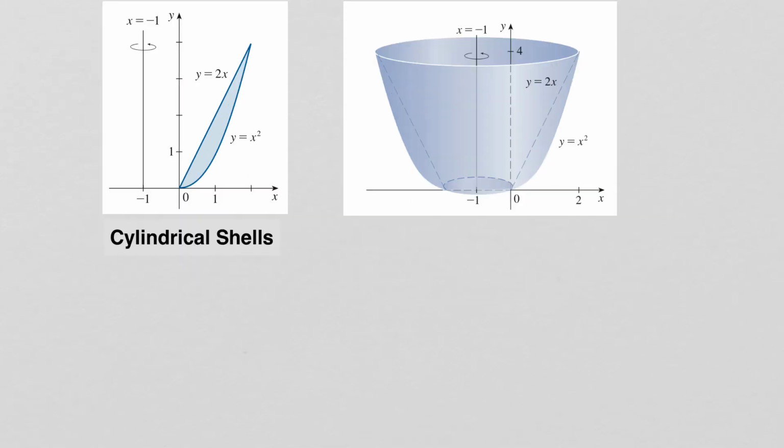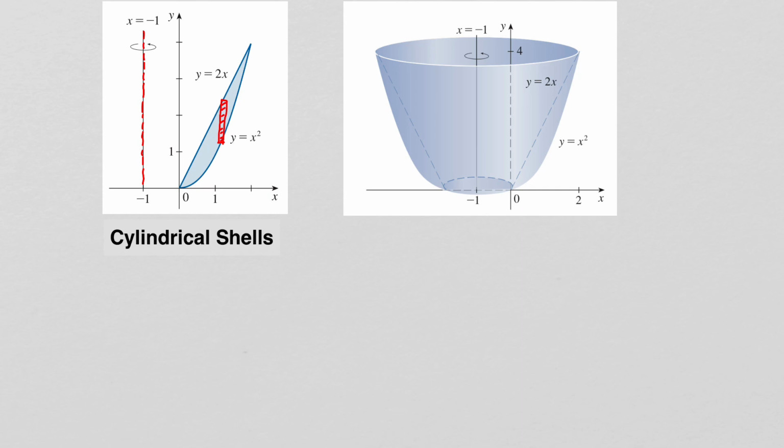To use cylindrical shells, we are first going to look at our region and draw a representative rectangle. Now, our axis of rotation is over here, so our rectangle needs to be parallel to that axis of rotation. And that really is the major key point here.